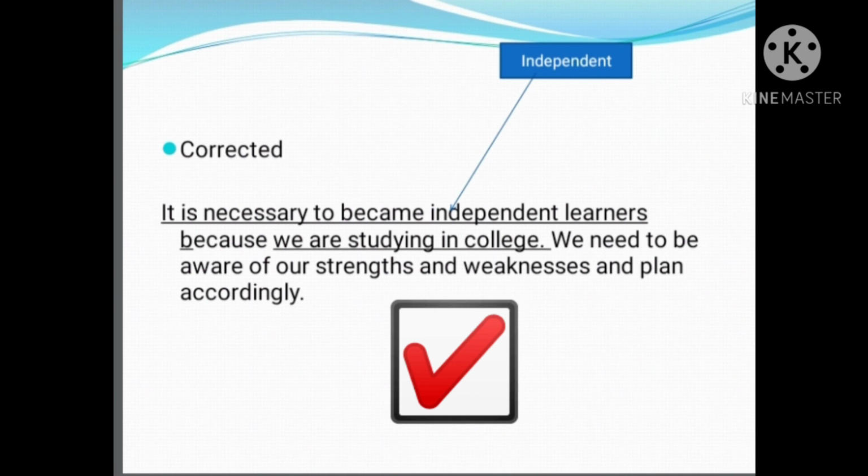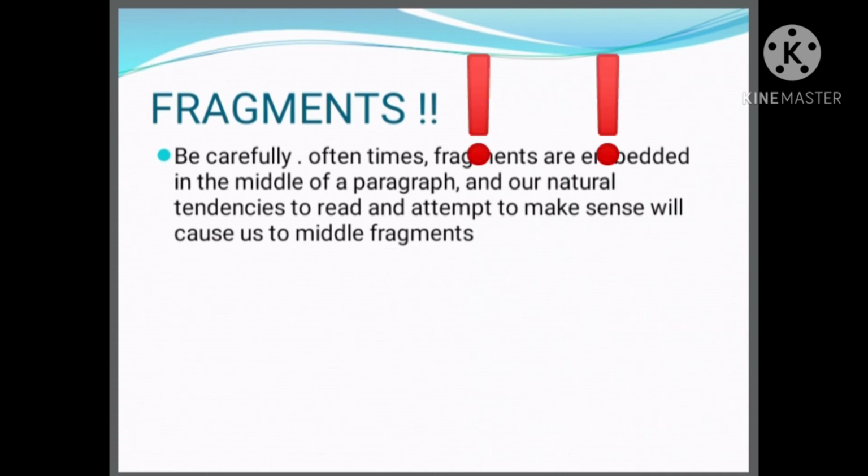We need to be aware of our struggles and weaknesses and plan accordingly. Fragments, be careful. Oftentimes, fragments are embedded in the middle of a paragraph, and our natural tendency to read an item to make sense will cause us to miss fragments.